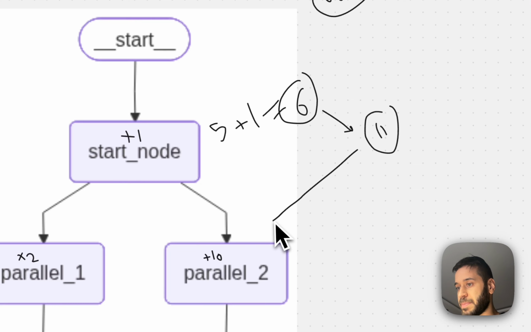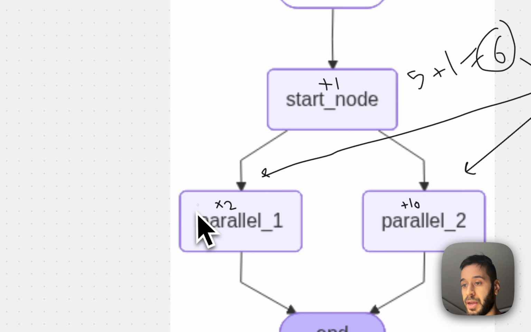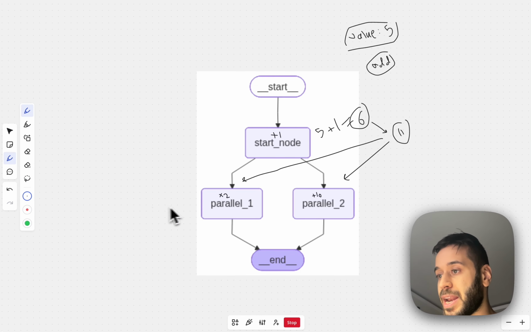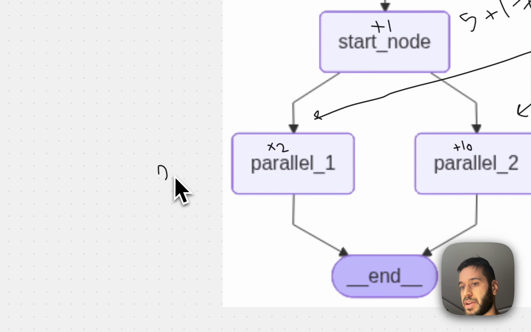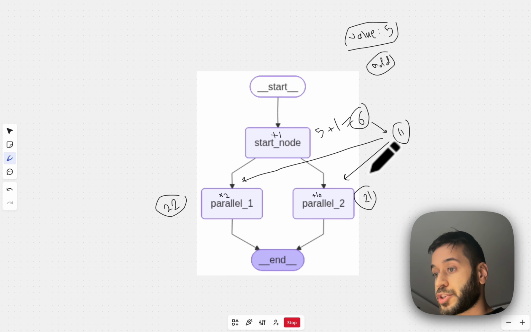Now, 11 is going to be passed to parallel 1 and parallel 2, and they will run in the same super step. Parallel 1 will multiply the value by 2, therefore the new value will be 22. Parallel 2 will add 10 to the previous value, therefore it's going to be 21. Now the reducer function will take these two values from the same super step and combine them using the reducer function.